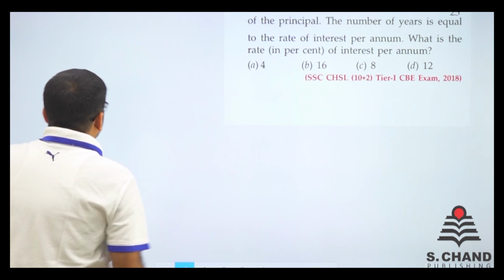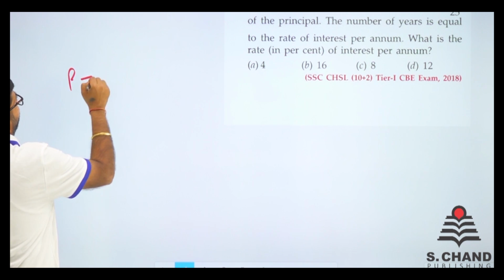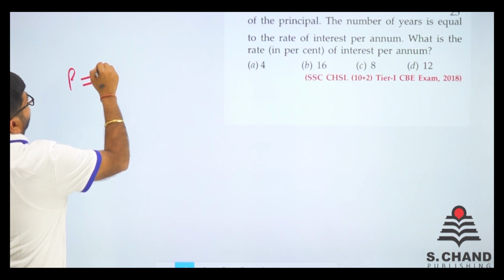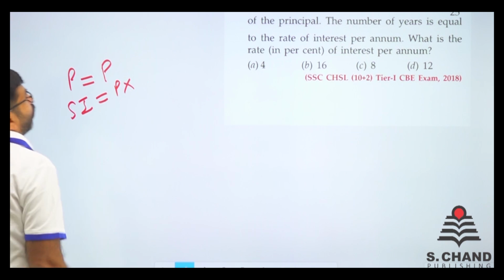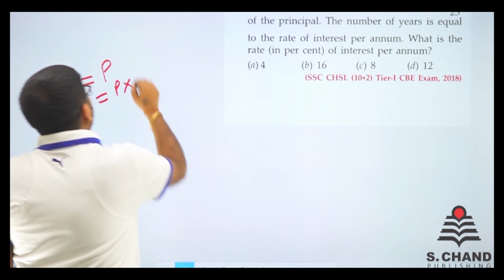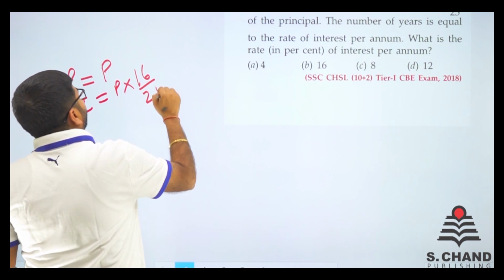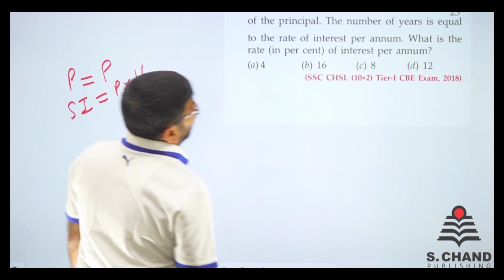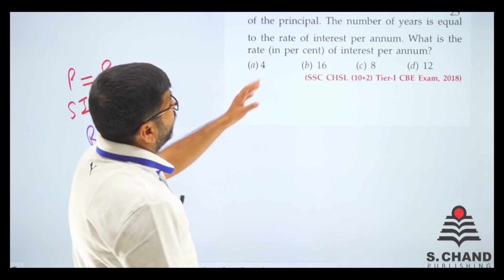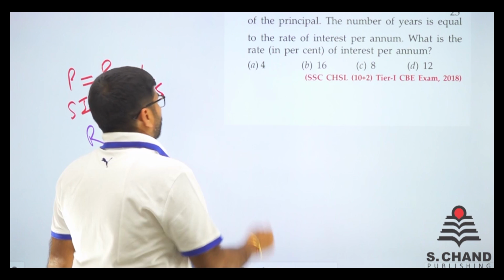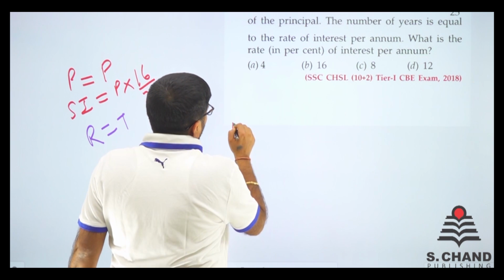See. First is principal, say for example, P. SI is P of what? 16 by 25. So 16 by 25 of P is the SI. Now R is equal to T. So R is equal to T. And interest is what you need. So what is the formula?